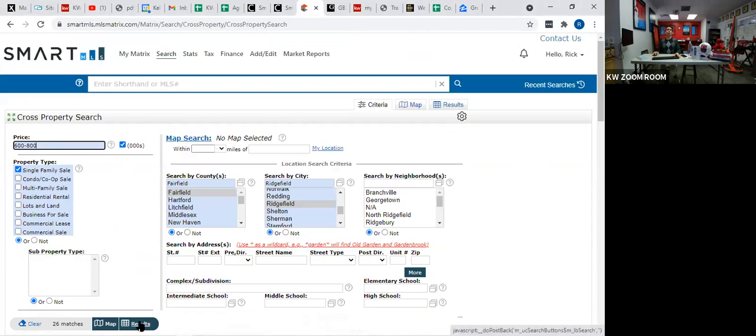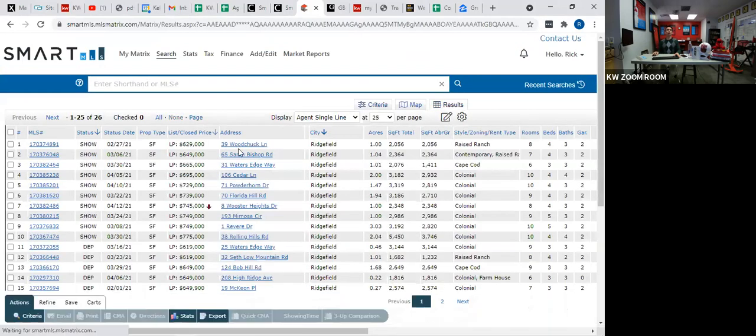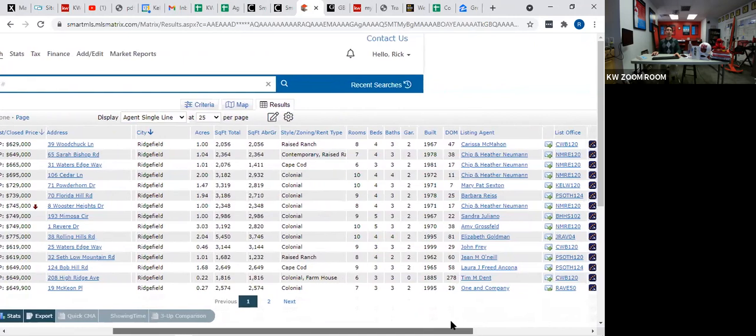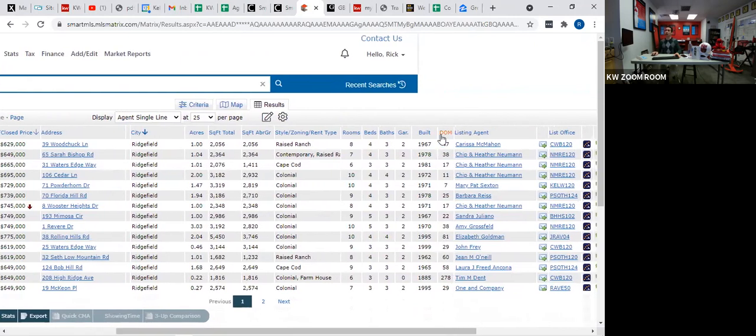When you run show and deposit and look at all the listings that have come on, what I like about this is over here, days on market. Understand days on market continues to count until you move the property to deposit, so it can be a little inaccurate because everyone moves to deposit at a different rate.